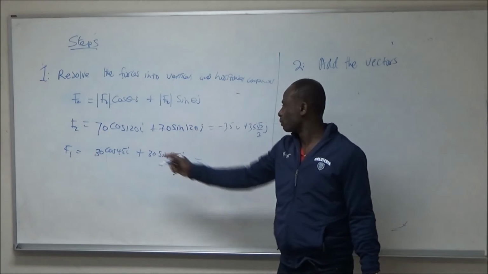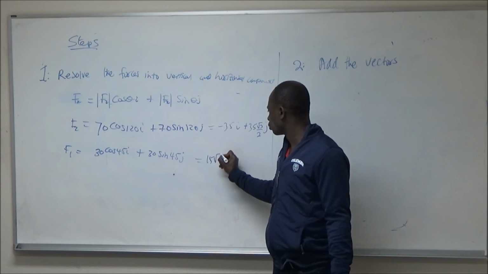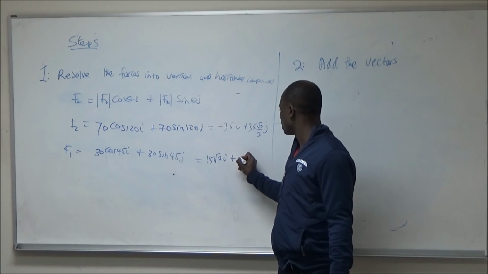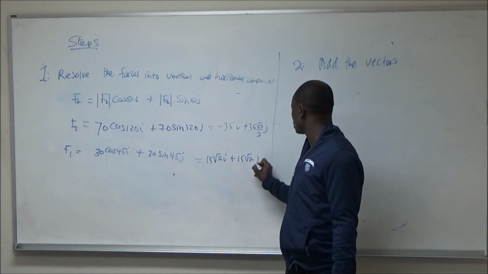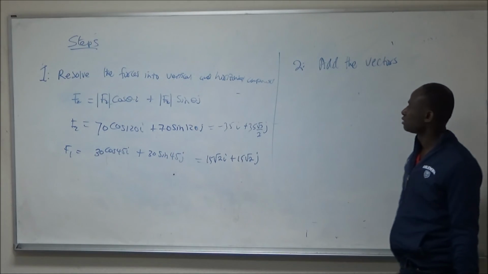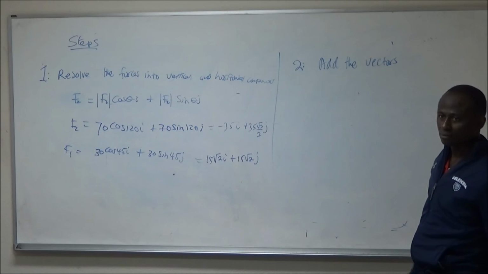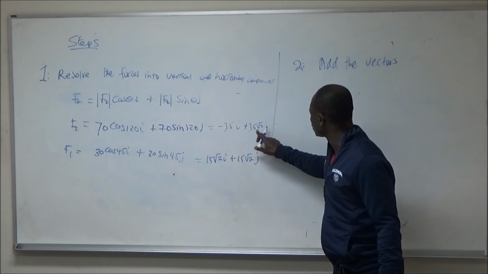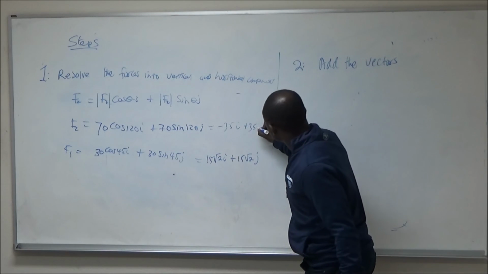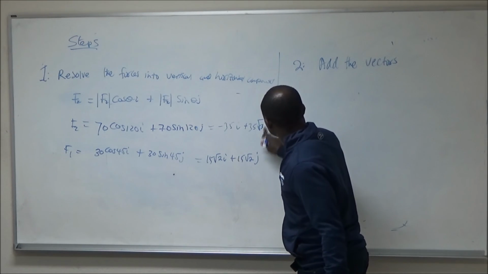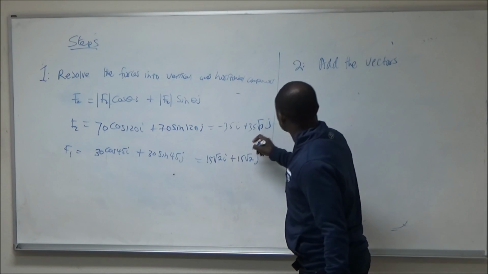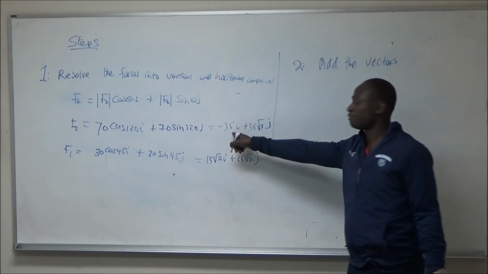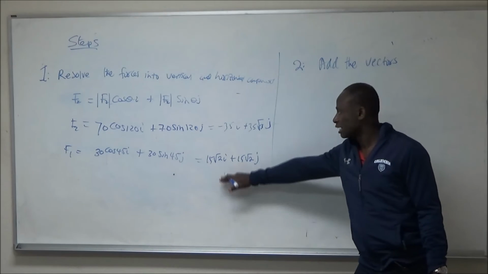So this is just going to be 15 root 2 i plus 15 root 2 j. Oh, there's no 2 here. Yeah, that's correct, you're right. So this is 35 root 3 j. Thank you for noticing that. 35 root 3 j, negative 35i, and this is that.